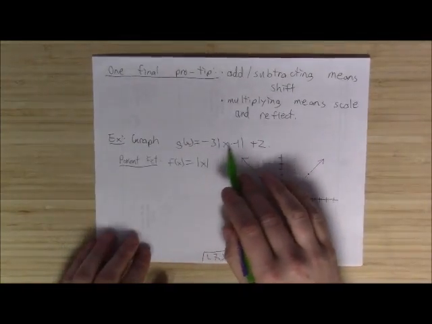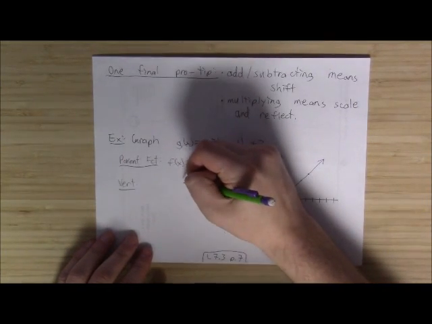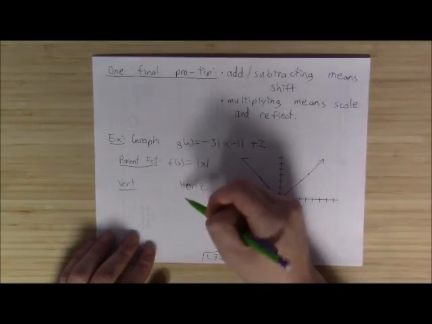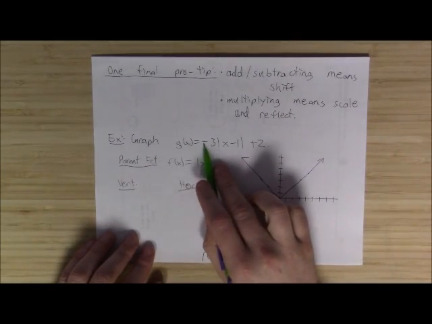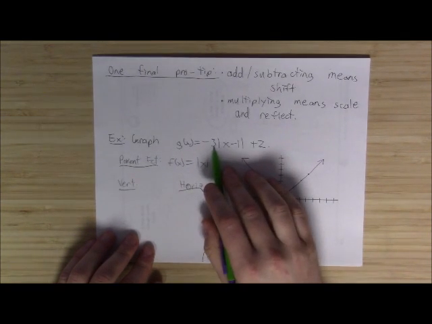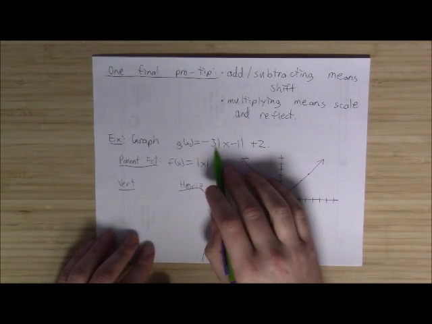Now, how are we shifting this? Well, let's again look at the vertical and the horizontal separately. Vertically, as in what's happening on the outside, we either scale it by 3 or apply the negative. Let's go ahead and scale by 3 first.